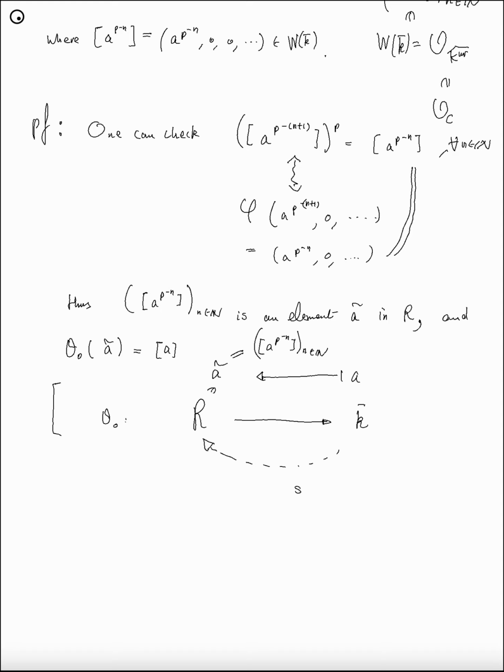And then when you map it to theta 0, this is just a, because n equals 0. And notice this a, as a Teichmüller lift modulo p, is congruent to a.